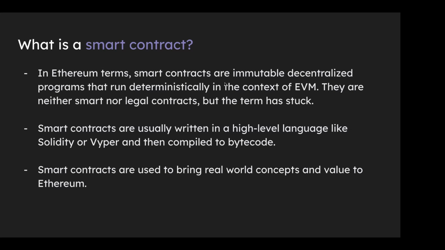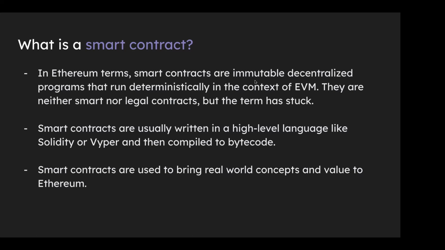But in the context of Ethereum, smart contracts, first of all, are immutable. What it means is that once the contract is deployed, it can't be changed. More technically, when the bytecode of the smart contract is placed in the Ethereum virtual machine, you can't change this actual bytecode.